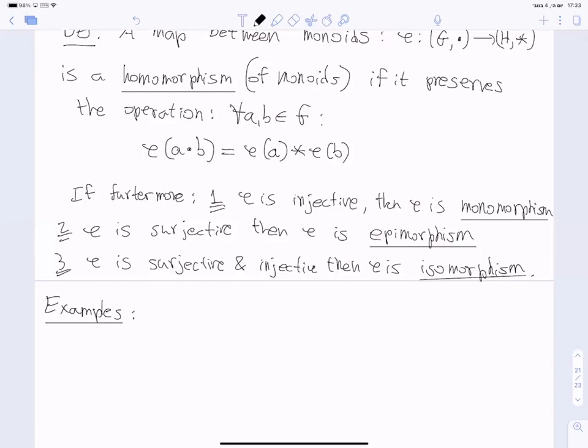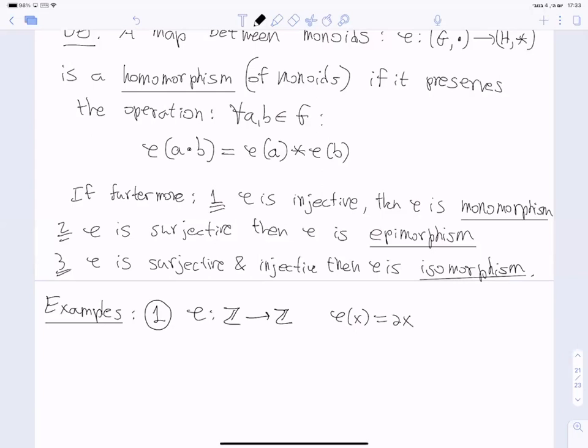The first one, phi from Z to Z. Now, if I'm writing only Z without the operation, and I treat it as a group, then of course the operation is addition. So phi takes x to 2x or 3x.